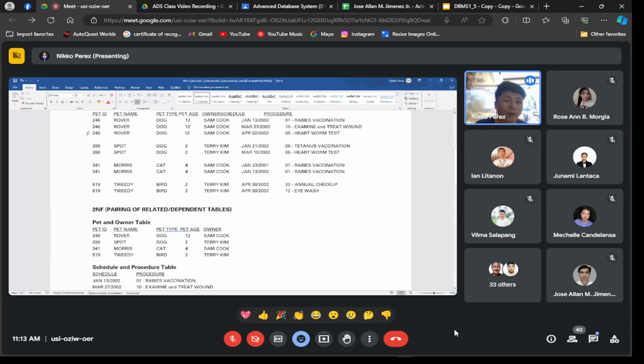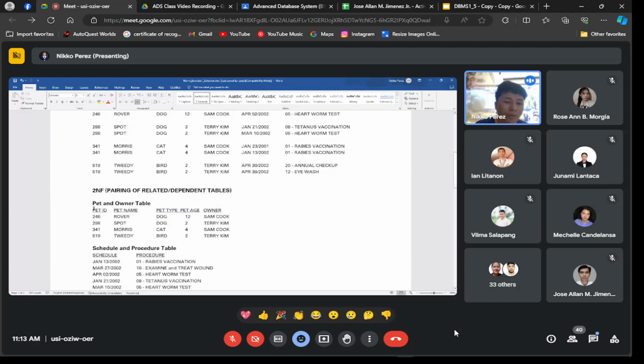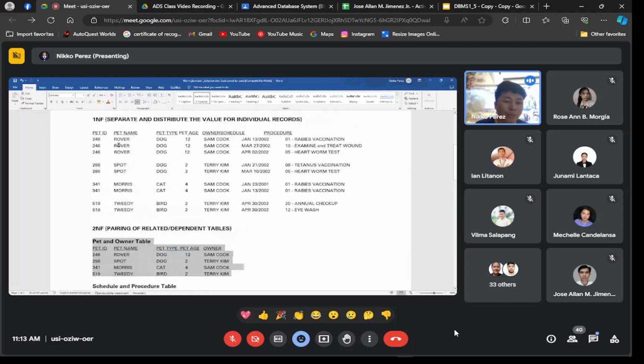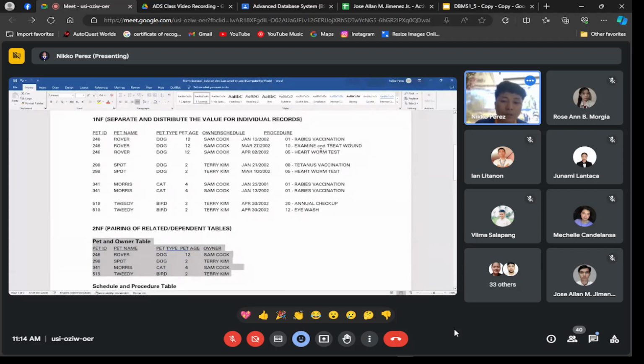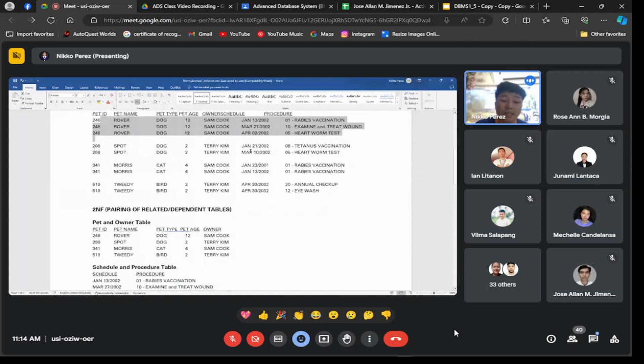Mao ra jud na siya nga Rover nga dog, si Spot pod, si Morris and si Tweety. So that's why in the pet and owner nga table, one representation na lang ni siya. Dili na kailangan nato ibalik multiple times kay wala man siya nato gi-match with the number of procedures. Kani kay gi-match man nato together with the number of procedures, that's why it was repeated multiple times.